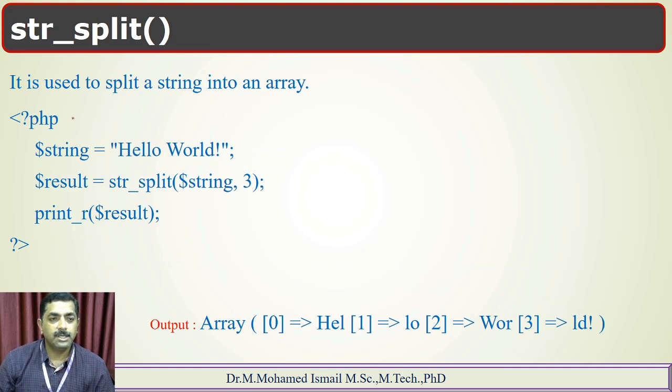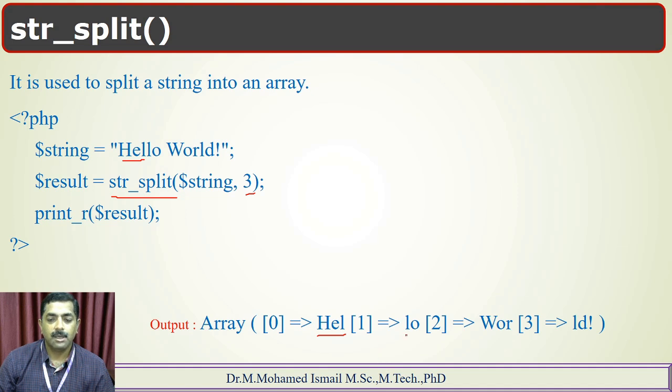str split is used to split a string into an array. I am using the string hello world, splitting it using the function str split, and how many characters I want to take, I am mentioning it as 3. So it splits the string into an array, 0th index HEL. Here I have mentioned 3, so the first 3 letters HEL it has taken.